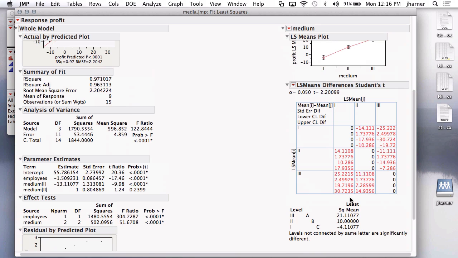Need to look at those. They may be subtracting the mean employees from employees before they do the analysis. I need to sort of check that over, so I'll take a look at that.